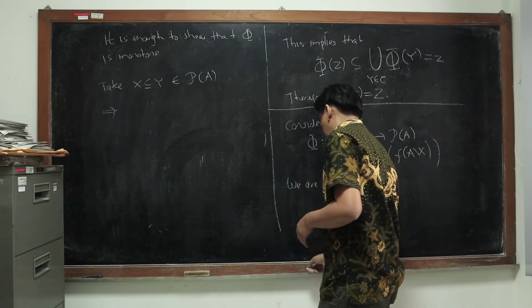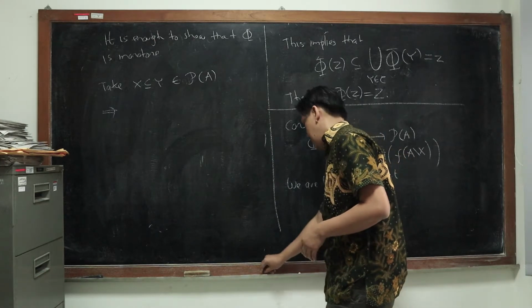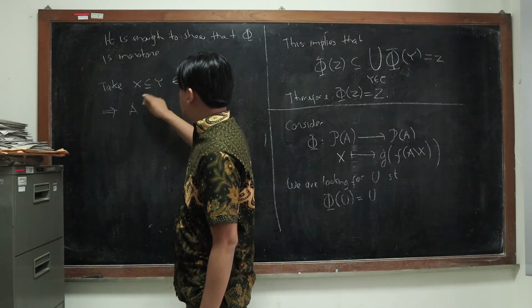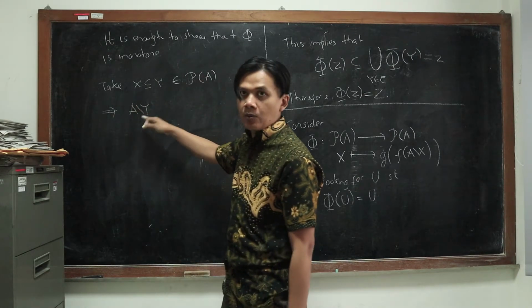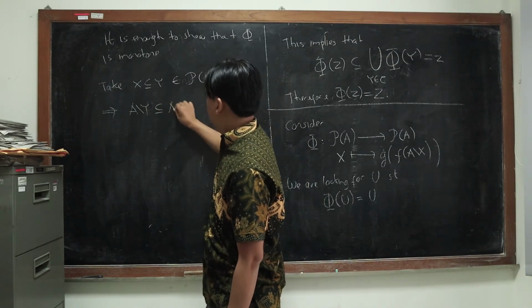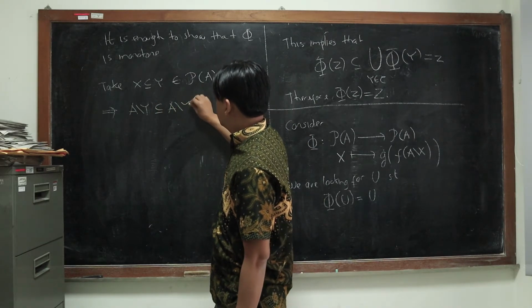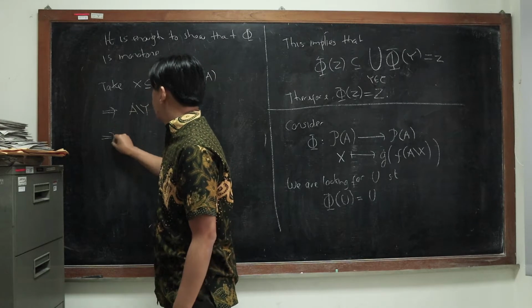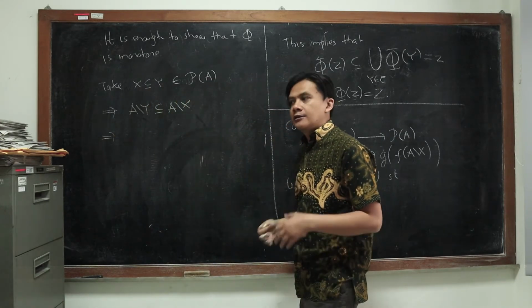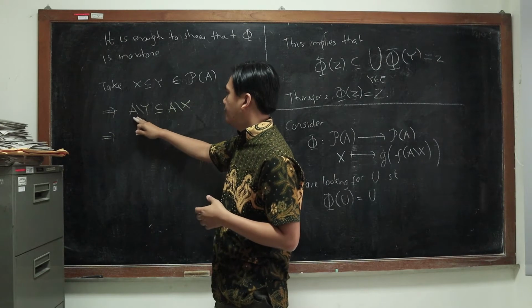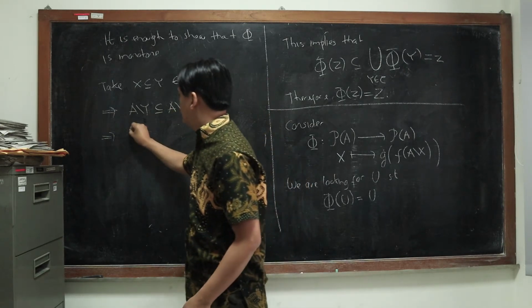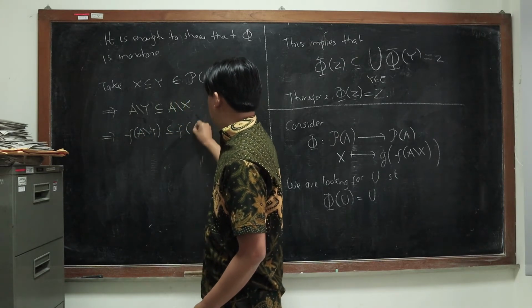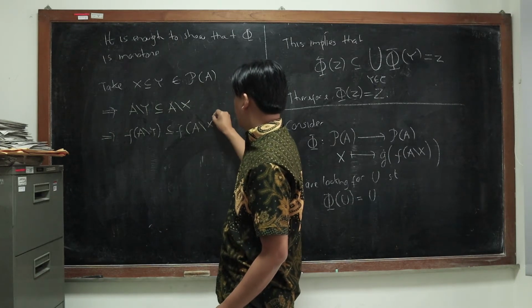So since X is contained in Y, then if we subtract Y from A, it will be smaller than when A is subtracted by X. And the next one, since this is a subset of that, the image of this under F will be smaller than the image of that. So F of A minus Y is contained in F of A minus X.